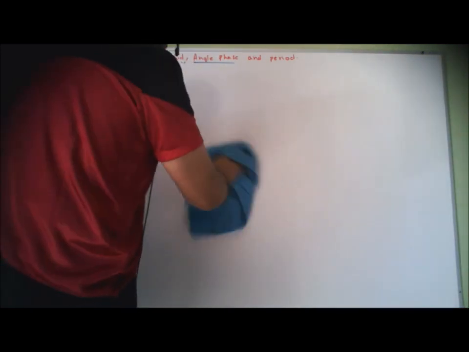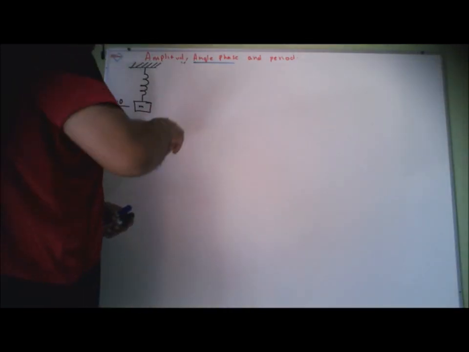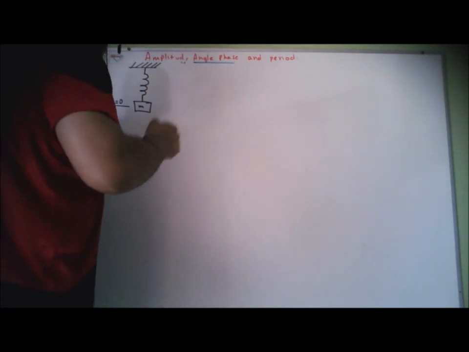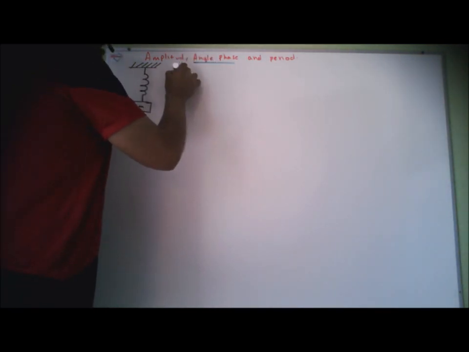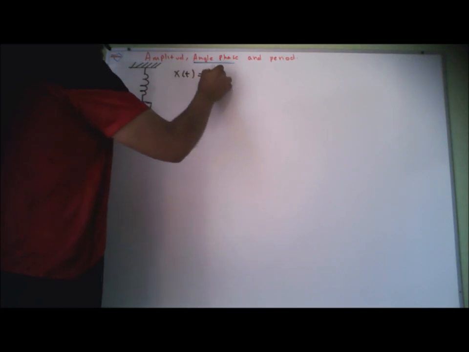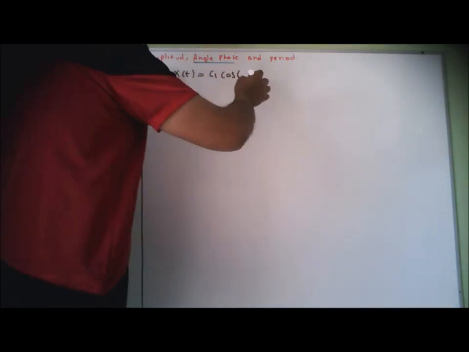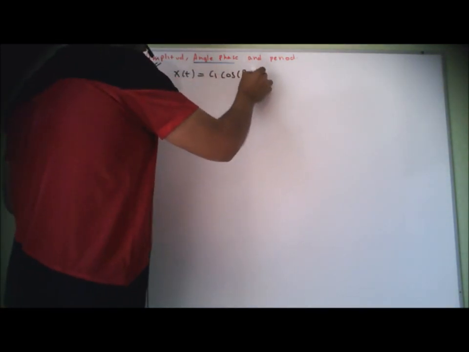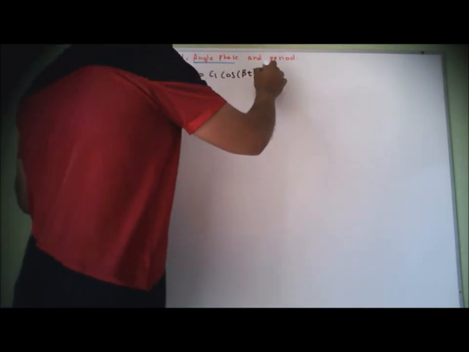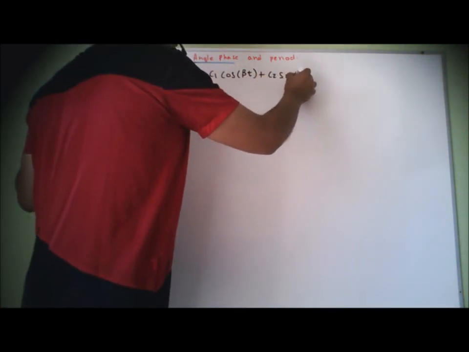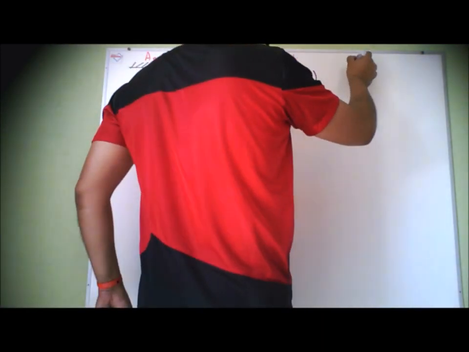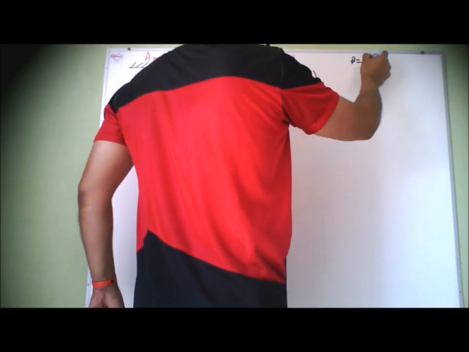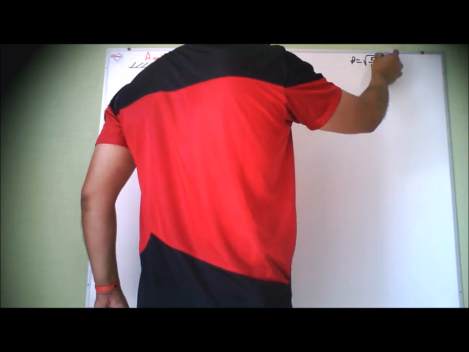Okay, so again, the solution of this free damping movement in general is x of t equals C1 cosine of beta t plus C2 sine of beta t, where beta is the square root of k over m, if I remember correctly.